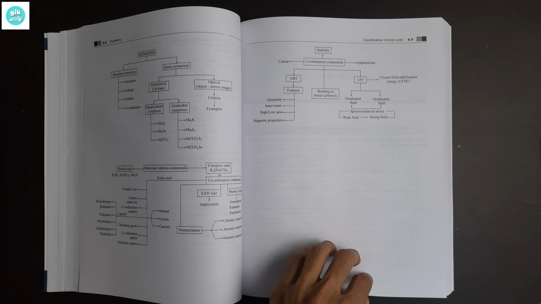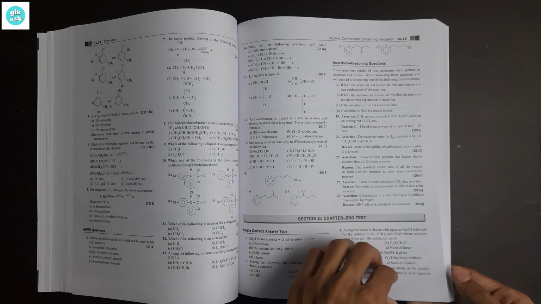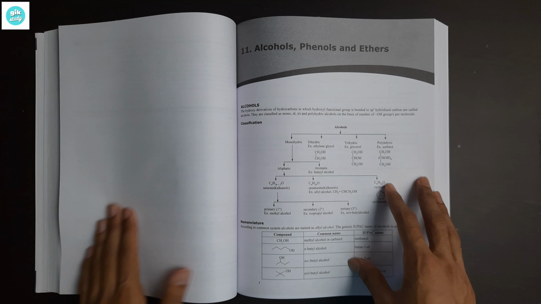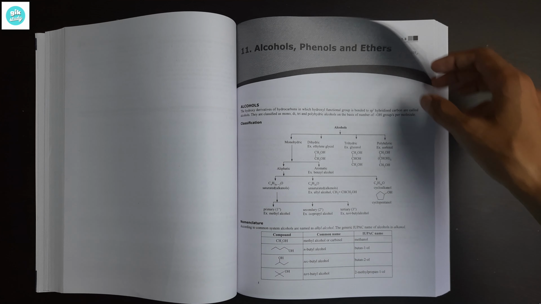Now exercises. Now answer key. Now chapter 11, alcohols, phenols and ethers.